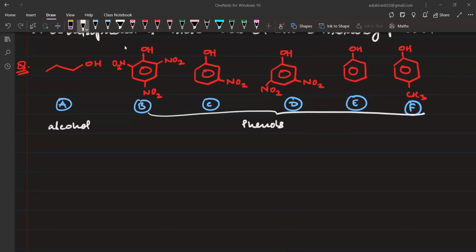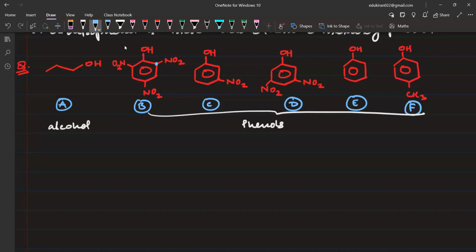Now, in these structures, the benzene ring and the OH are the same in all of them, so you don't have to compare that. There is no use in looking at it. What you are going to see in B, C, D, E is what the groups are and where they are attached. Now in the B structure, this NO2 here, in which position is it attached? Ortho, meta, or para? Tell me, guys.